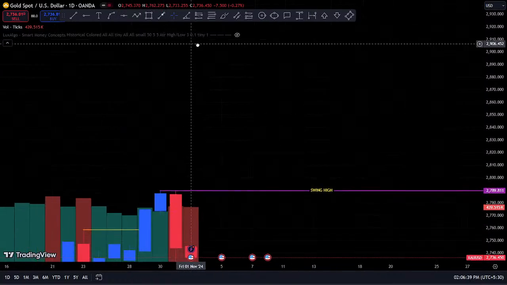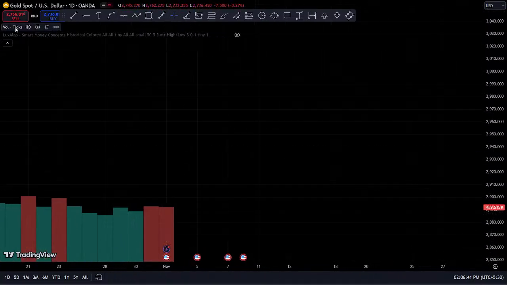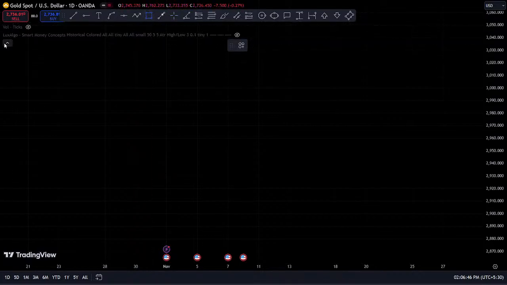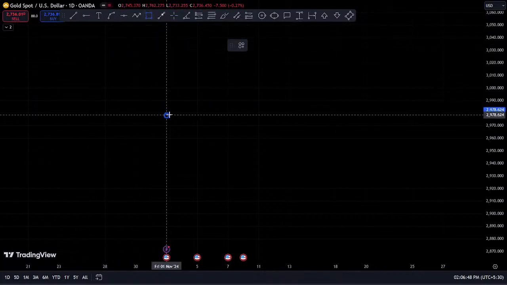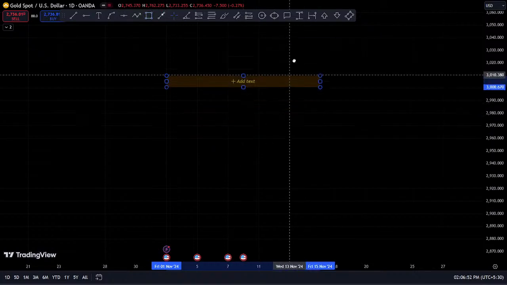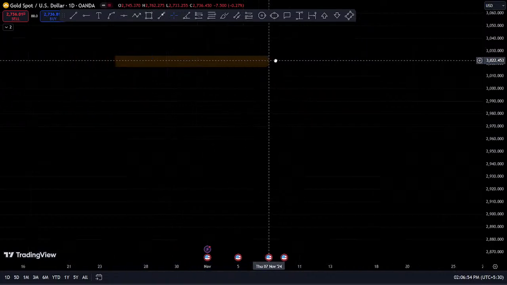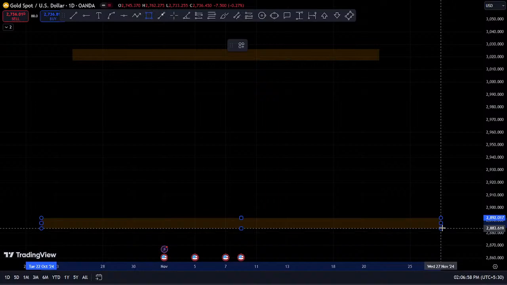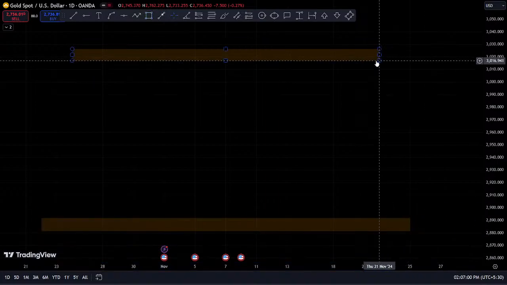Okay, so let's now learn how these charts actually work. Okay, so we have right now here a supply area. Let's consider this as a supply area and this as our demand area. This is a demand zone.